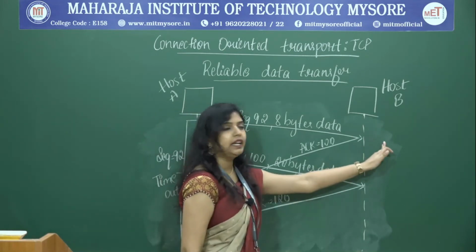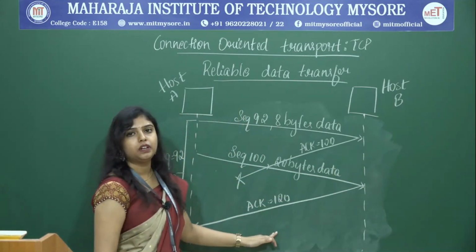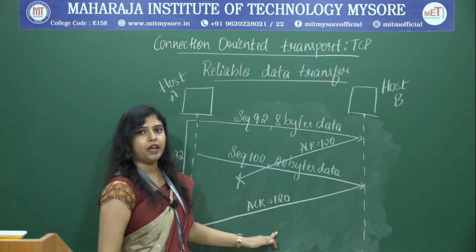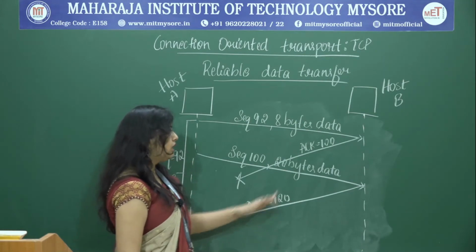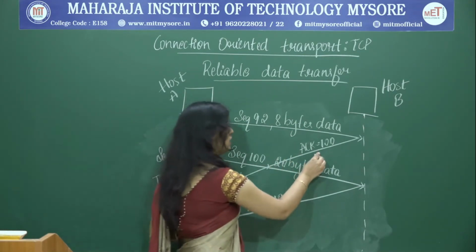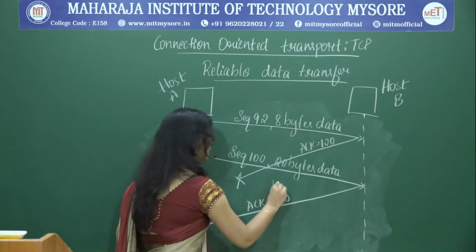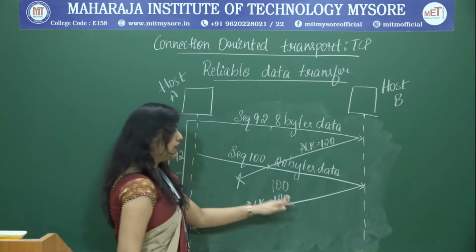Only if it has correctly received it will it send the acknowledgement of the recently received packet, isn't it? If it had not received this packet, the acknowledgement number would be 100. That means here also it would have sent 100 again, instead of 120.